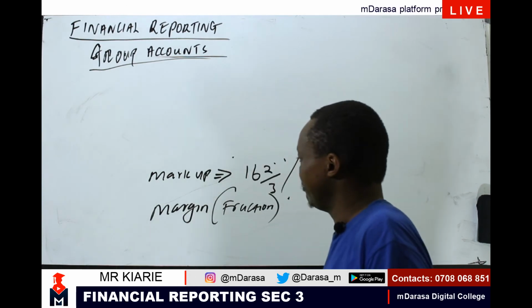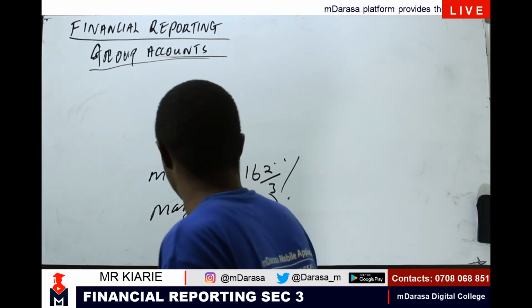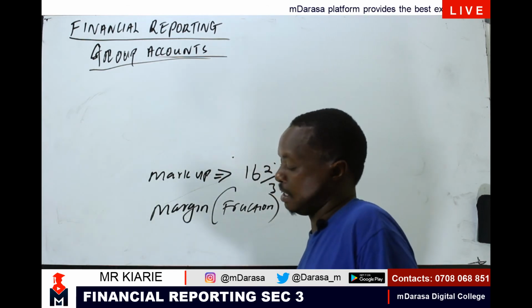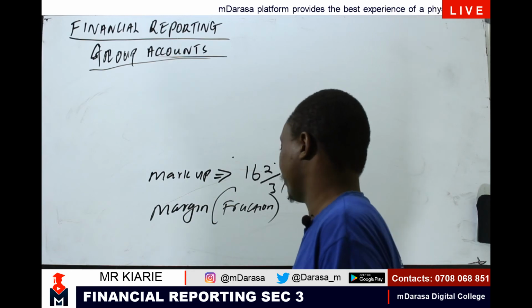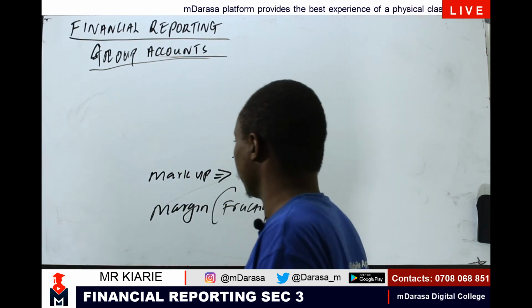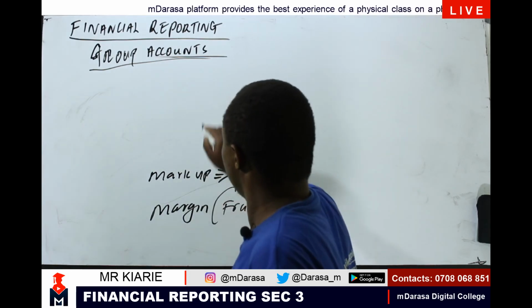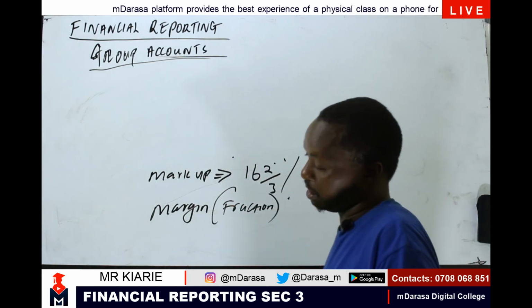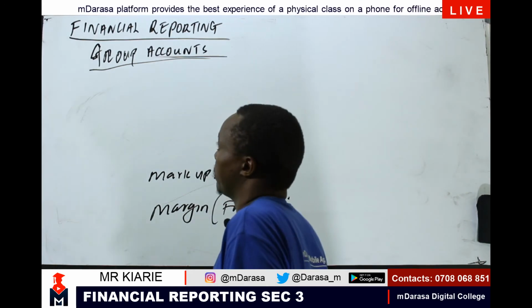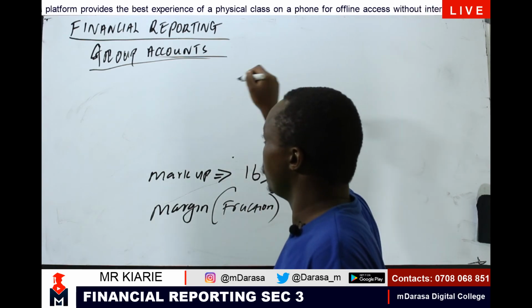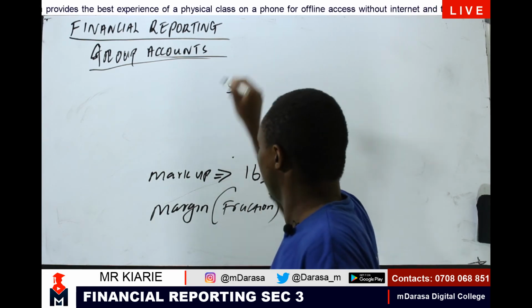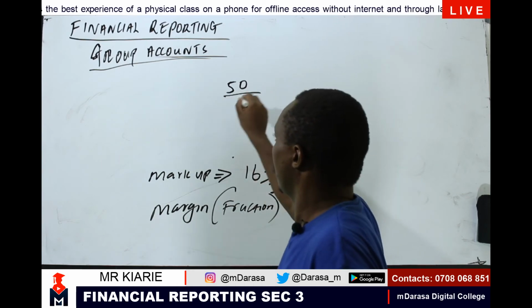Where you're given 16 and 2/3%, and it is markup, it is important that you first of all put it into a proper fraction. So, 16 times 3 gives 48, plus 2, the numerator, 50 over 3.